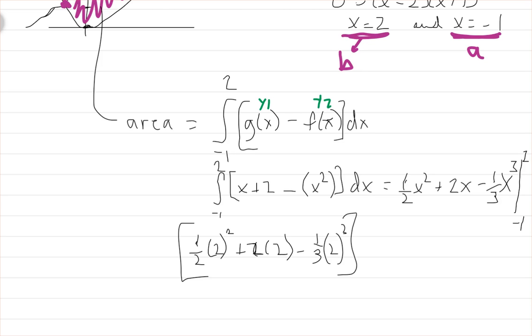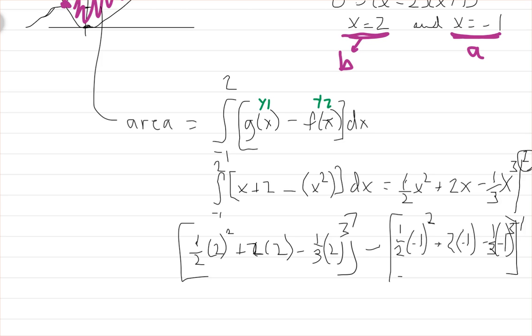So our top value of integration will go out front. We've already done this before. Minus our bottom value, which will be 1/2 times negative 1 squared plus 2 times negative 1 minus 1/3 times negative 1 cubed.